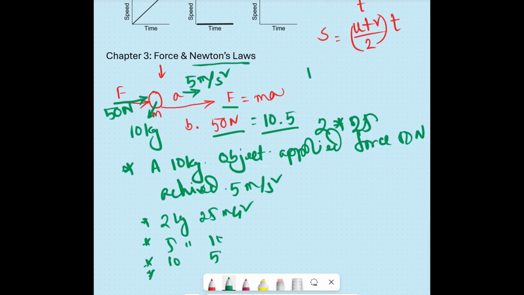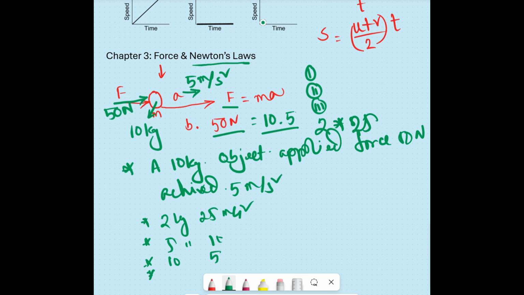So Newton has three laws. So the very first law, what is it saying and how do we explain these three laws. The very first law says objects like to stay the way they are, at rest or in motion.